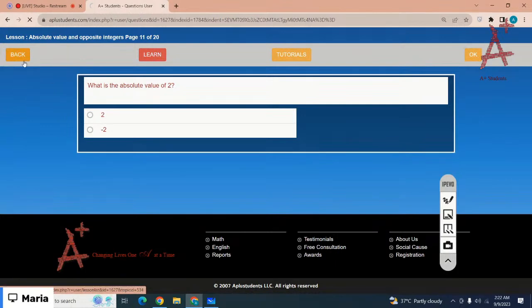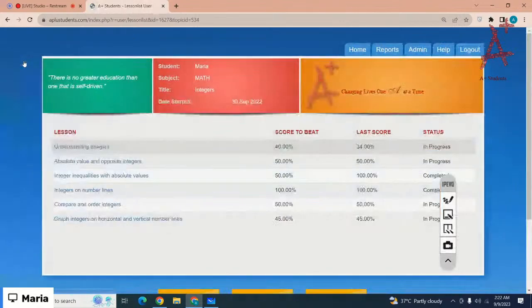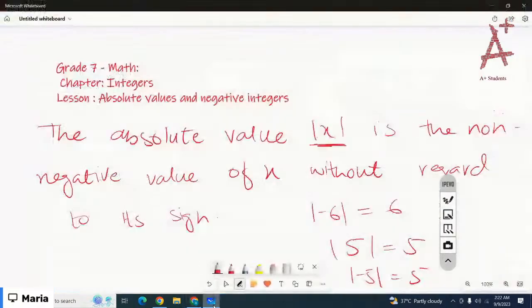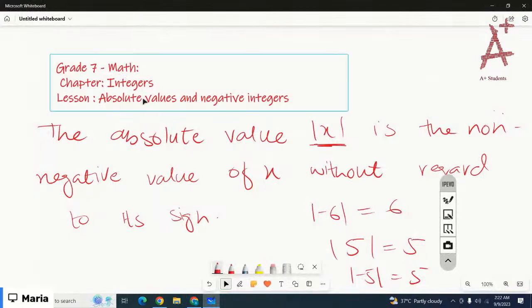And the next lesson is integer inequalities with absolute values. So how do we solve the inequalities using absolute values? So let's just start with the lesson. Let me just write down the lesson name on the board.